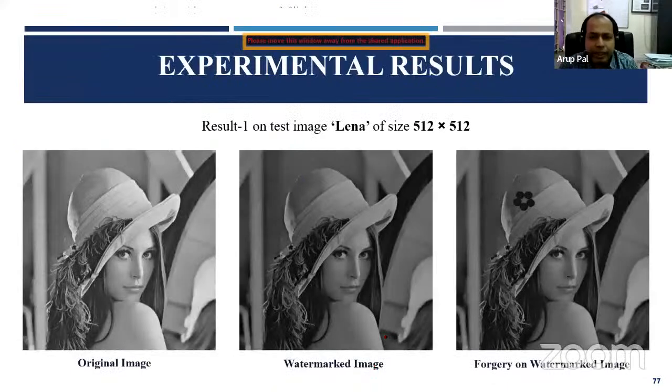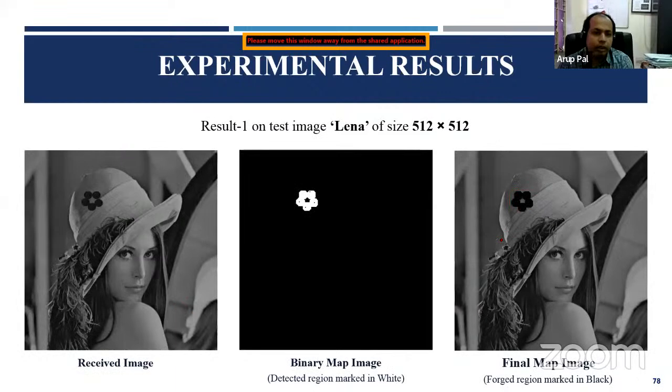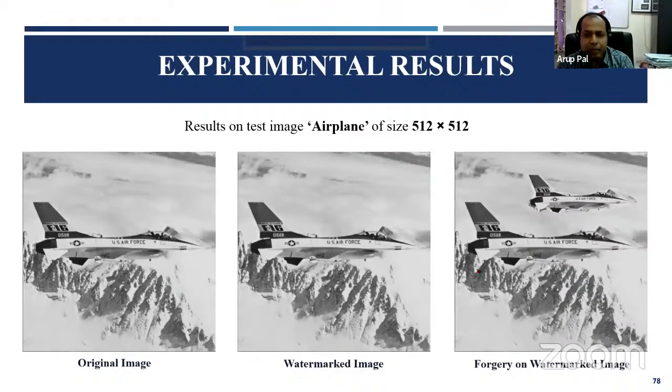Like in these cases, this is the image, and this is the watermark image. Suppose you have made such changes in this process. So it is the received image, and this is the binary map. In the particular region where the watermark is, this is the final image. You can see this image is placed in this region.